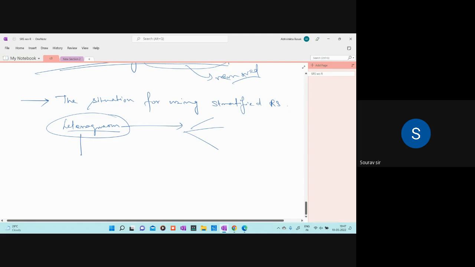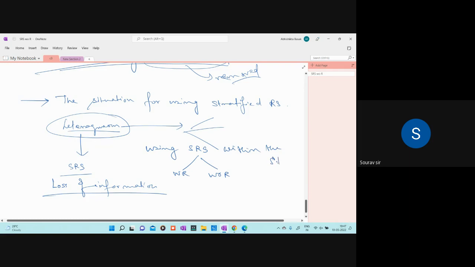If we can't do it and apply simple random sampling directly, then there will be a loss of information. So in that case, we will opt for stratified random sampling, and stratified random sampling is nothing but using simple random sampling, either with replacement or without replacement, within the strata.